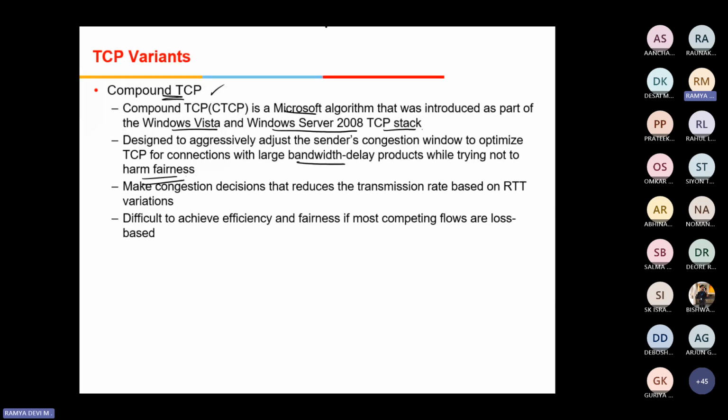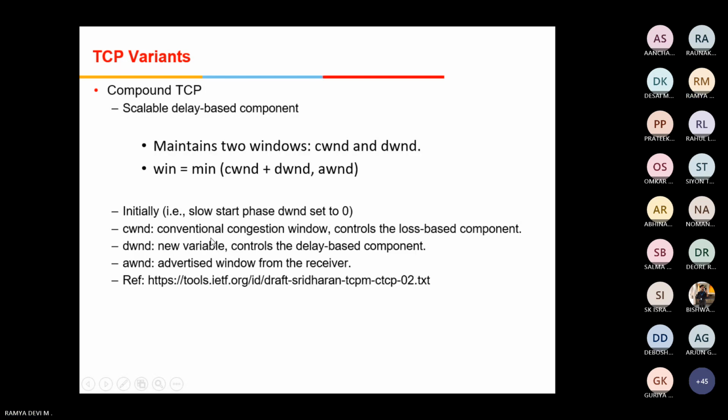In order to achieve a balance between efficiency and fairness, especially where the traditional loss-based TCP variants are not working well, we can go for compound TCP. It is a scalable delay-based component.